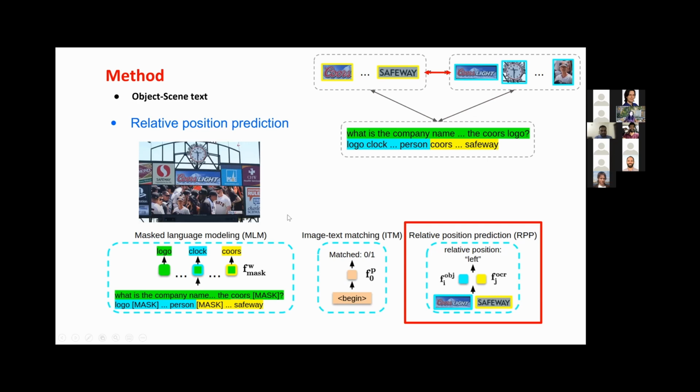To encourage the model to learn such spatial relationships, we propose a new pre-training task named relative position prediction. The input to the pre-training task is a randomly sampled vision object feature and syntax feature. The objective is to predict the relative spatial position between the two sampled regions.